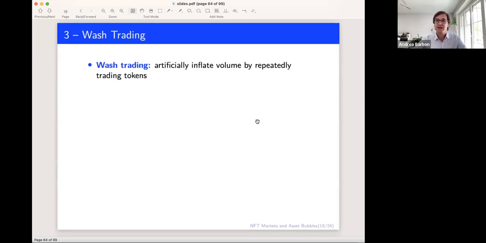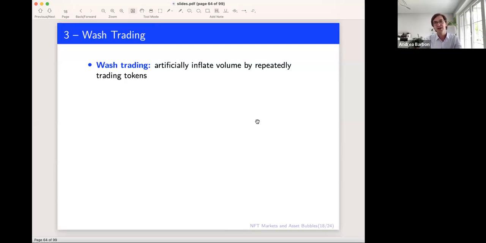Then let's go on and talk about wash trading. That's just a way to artificially inflate volume by repeatedly trading tokens. So let's say I have a friend who will help me doing this, or I just create 2 wallets. This is something that it is possible to do. With the first wallet, I buy an NFT.